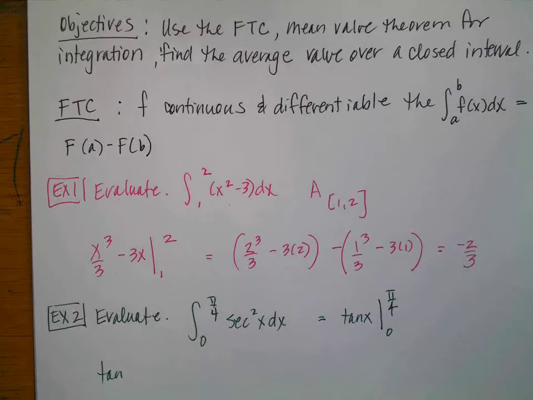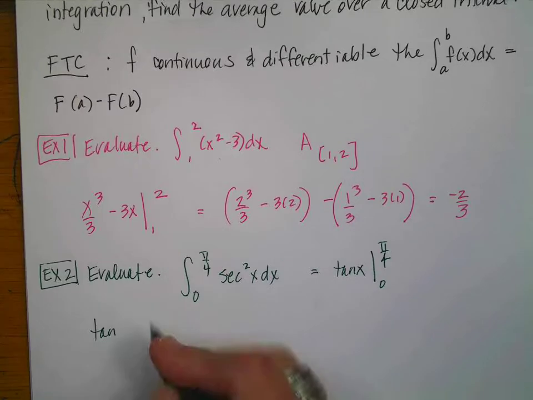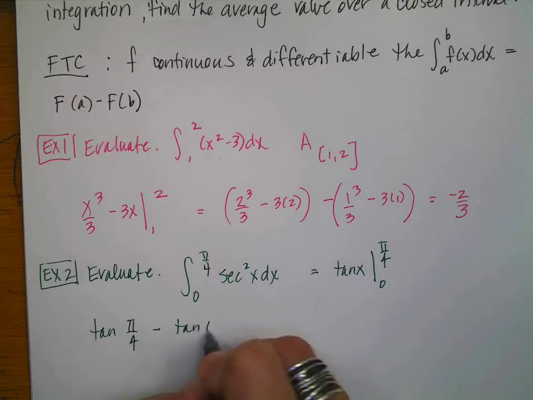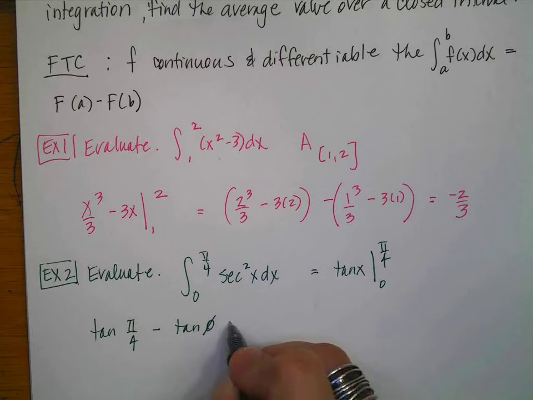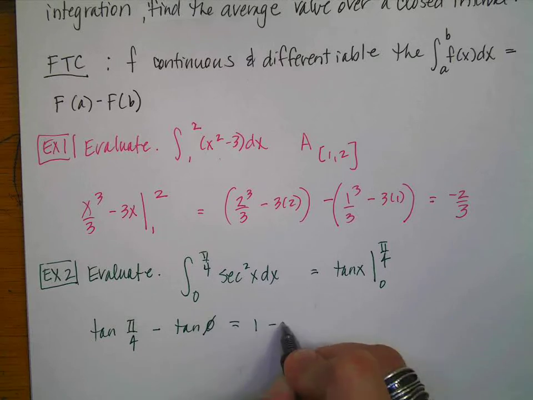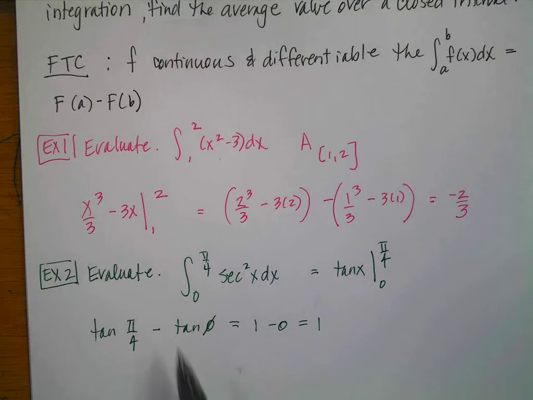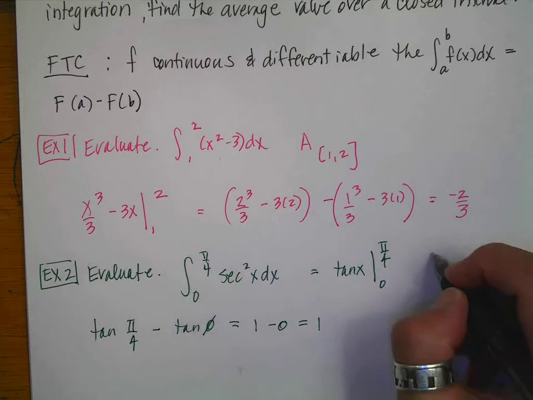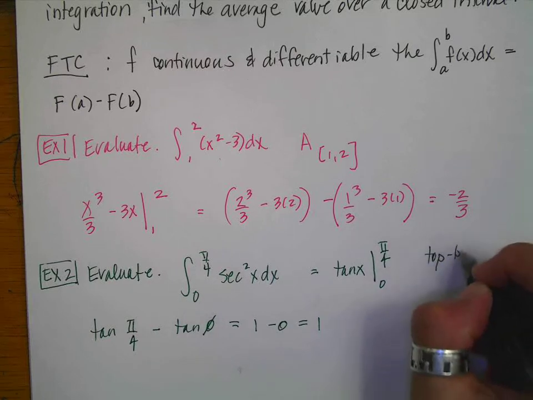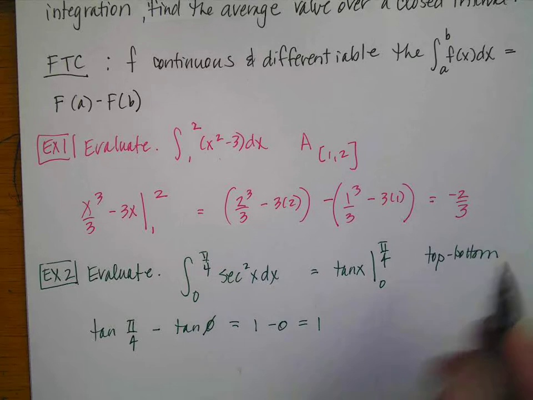So this is the tangent of pi over 4 minus the tangent of 0, okay? The tangent of pi over 4 is 1, the tangent of 0 is 0, and so this is 1. Remember, when we're evaluating a definite integral, it's always going to be top minus the bottom, okay?